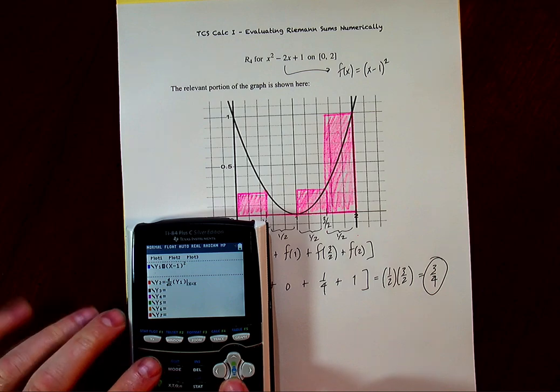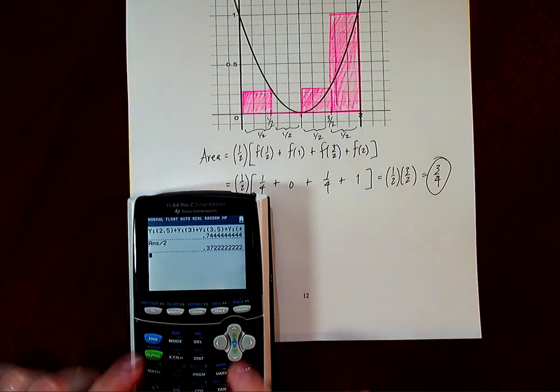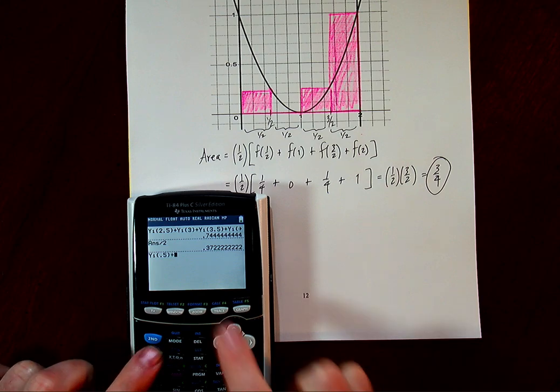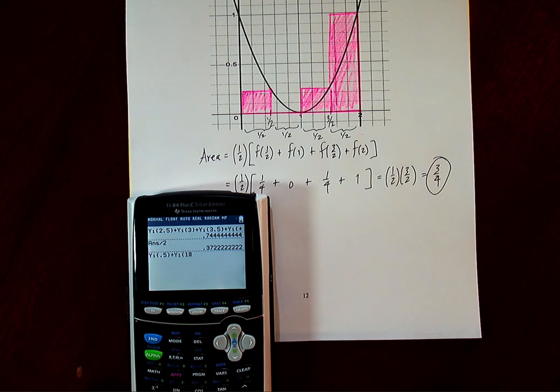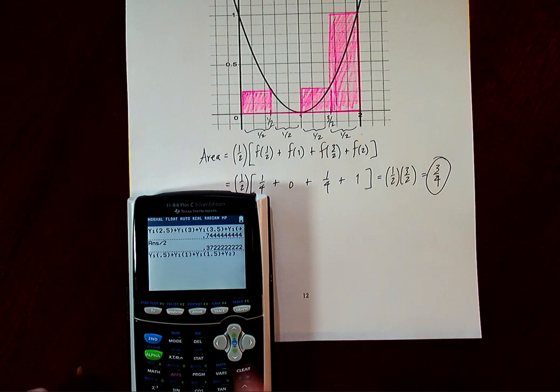Okay, so if we have y1 plugged in accurately, and we go back to the main screen, then we can basically say, okay, well, y1 at 1/2, and y1 at 1, and y1 at 1.5, and y1 at 2. Oh, sorry, at 2.